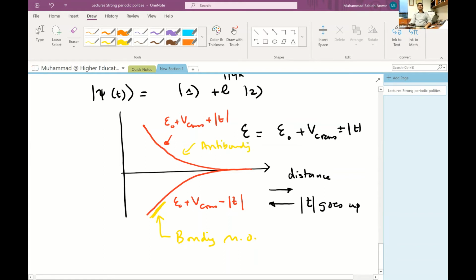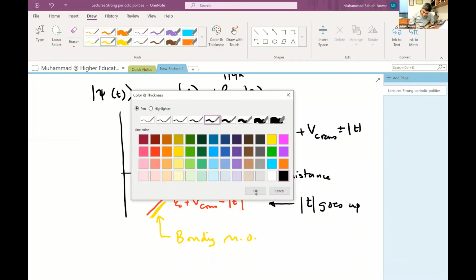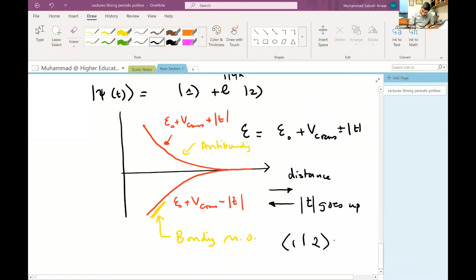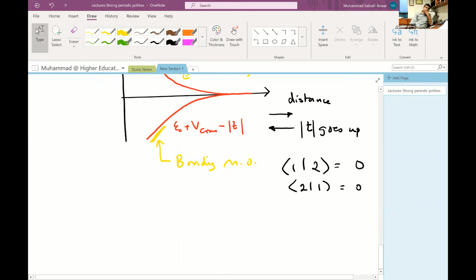By the way, there's a tacit assumption in all of this, and the assumption is that the two orbitals are orthogonal to one another, which means ket1 and ket2, the overlap is 0, and so on. So this really means that the two nuclei are not interacting with one another.